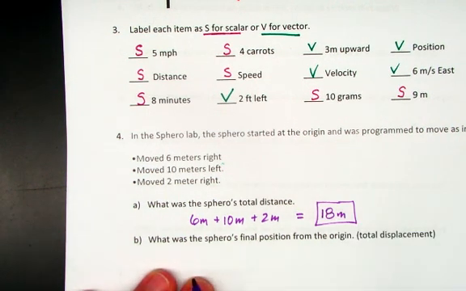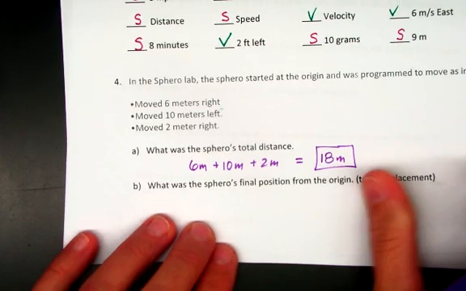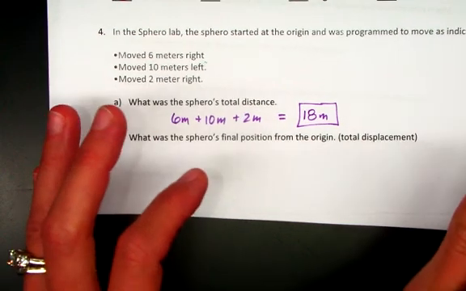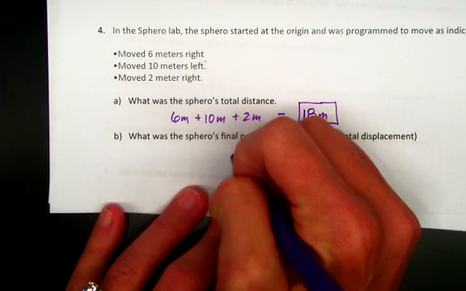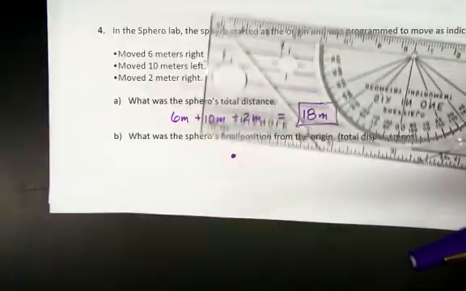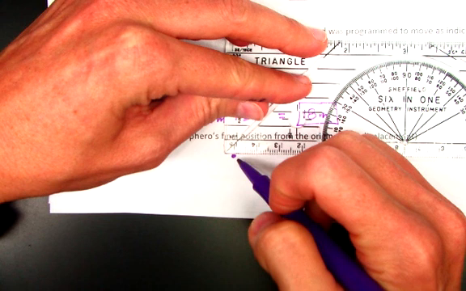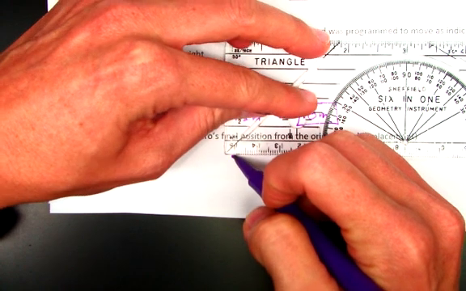Then the next question asks for the total displacement. What's the Sphero's final position from where he started? So we can certainly draw vectors to do this. So I'm going to set this as the origin. And what's going to happen then is we're going to go 6 meters to the right.